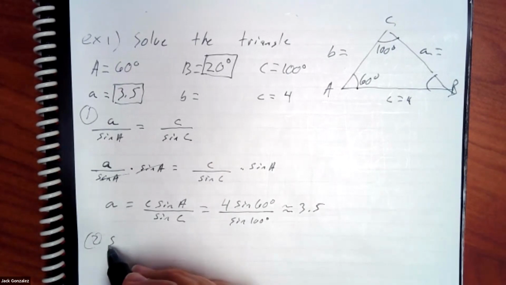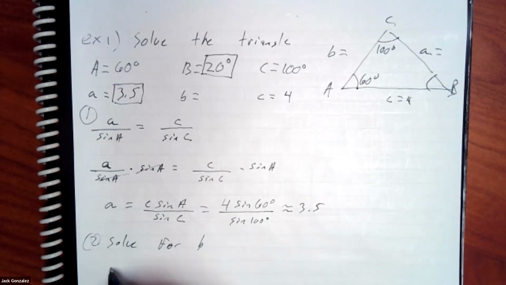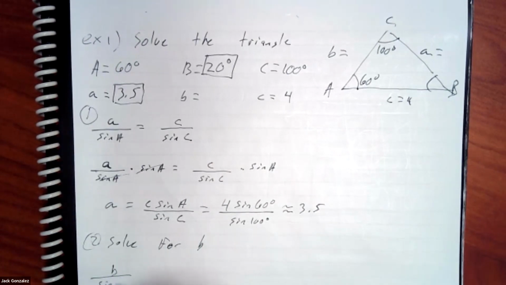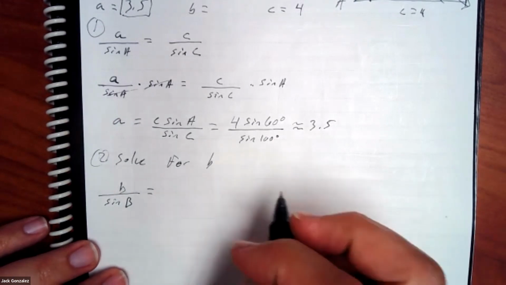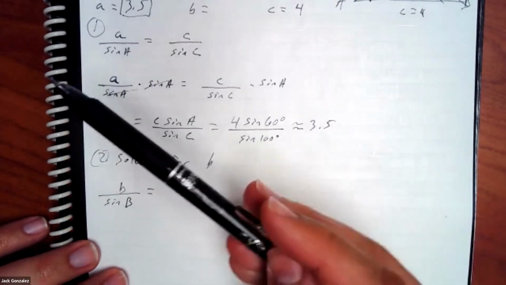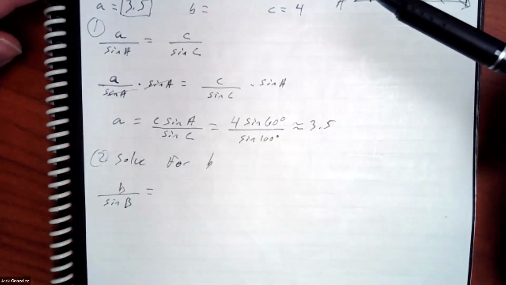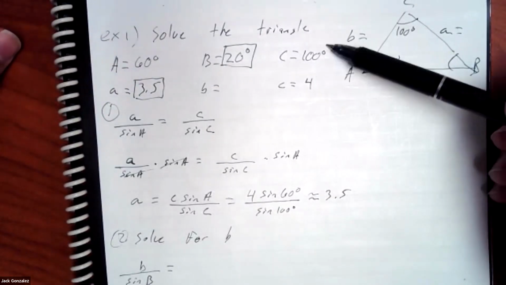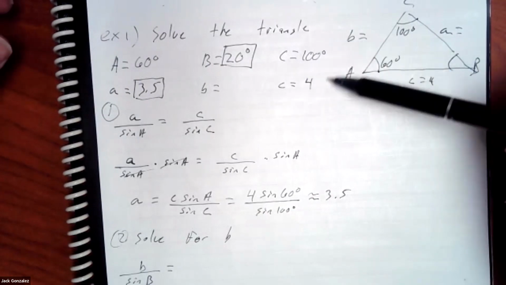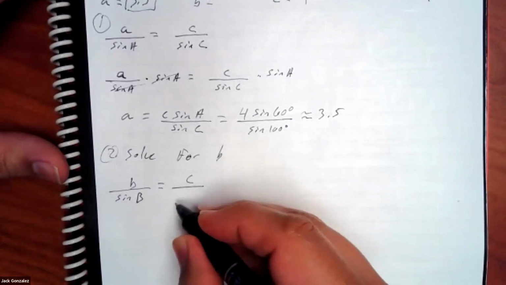Step 2, solve for b. b over sine B is equal to, now I can choose either ratio, c over sine C or a over sine A. Doesn't matter technically, use either one. But I'm gonna choose this one because this is what we were given, and there's been no rounding on these values. So I don't have to worry about any rounding error.